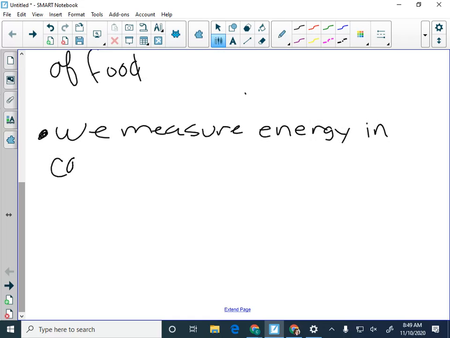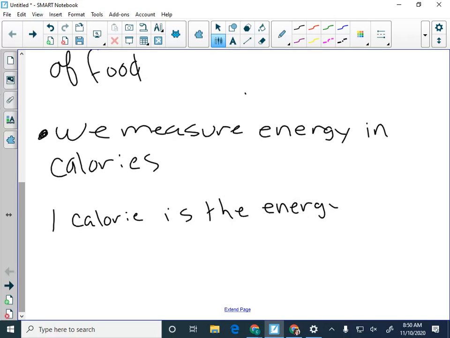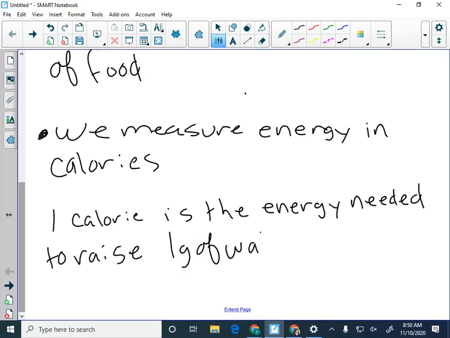We measure energy in calories. That is lowercase c, calories. One little c calorie is the energy needed to raise 1 gram of water 1 degree Celsius.